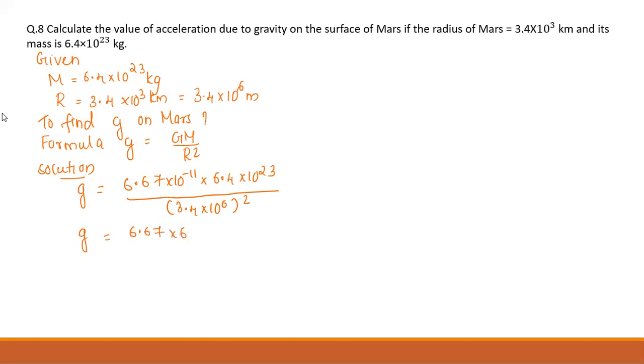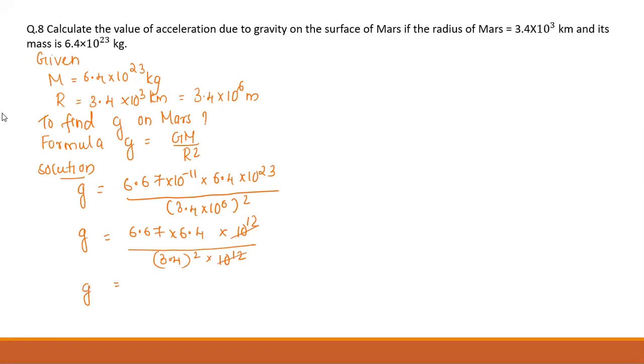On solving this, we will get 6.67 into 6.4 into 10 raised to 23 minus 11 is 10 raised to 12 upon 3.4 square into 10 raised to 6 the whole square is 10 raised to 12. So 10 raised to 12 and 12 will get cancelled.